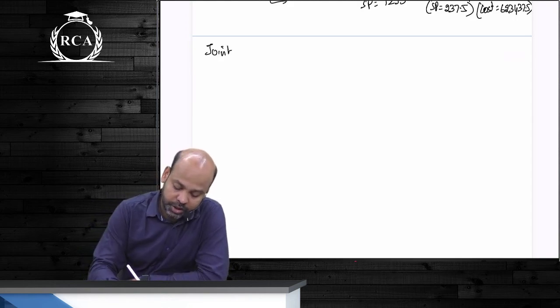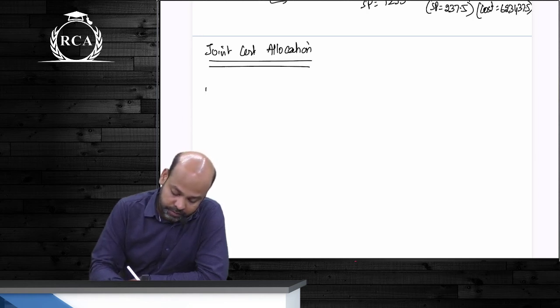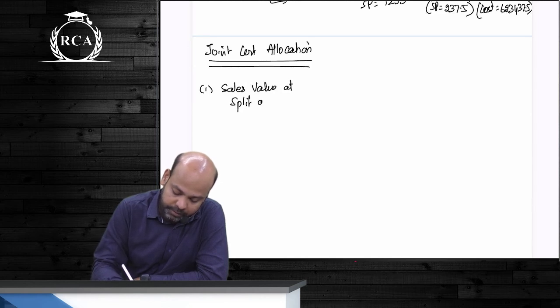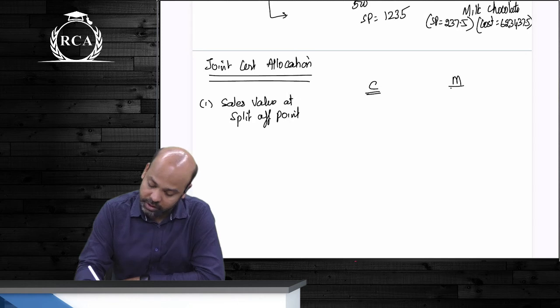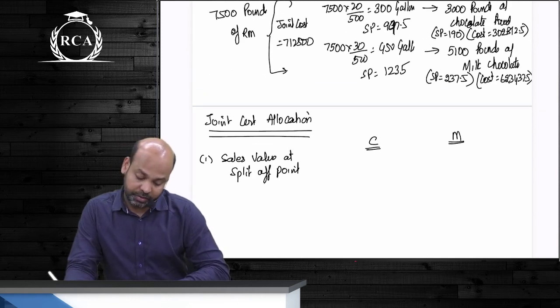Joint cost allocation, guys. In the first bit, beta, how are they asking us to allocate joint cost? First bit, beta, is sales value at split off point. I'm just writing chocolate and milk chocolate. Okay, beta? How much is the sales value at split off point?